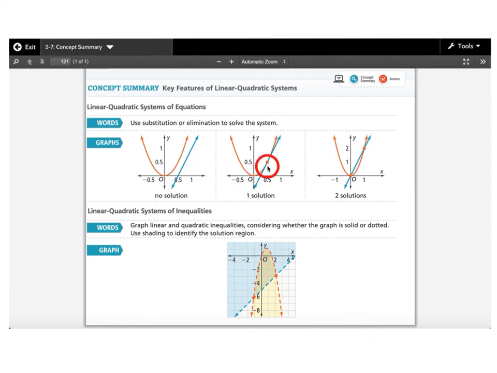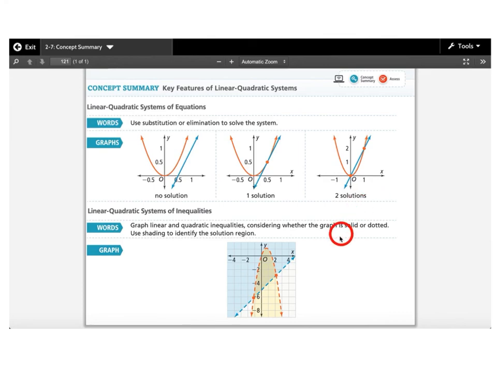In the second scenario, my straight blue line actually is a tangent line of the parabola. So in this case, there's only one solution. Or it can be like the third scenario where it cuts the parabola at 2 points, and then there are two real solutions in that case.